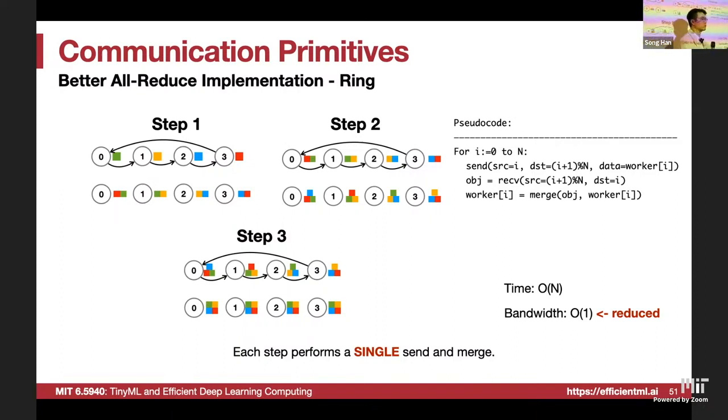But the bandwidth requirement is O(1), since each time in the network you only talk to your neighbor. So the bandwidth is reduced, and each step you just perform a single send and merge with your neighbor. So this is a very commonly used approach for distributed training using ring all reduce.